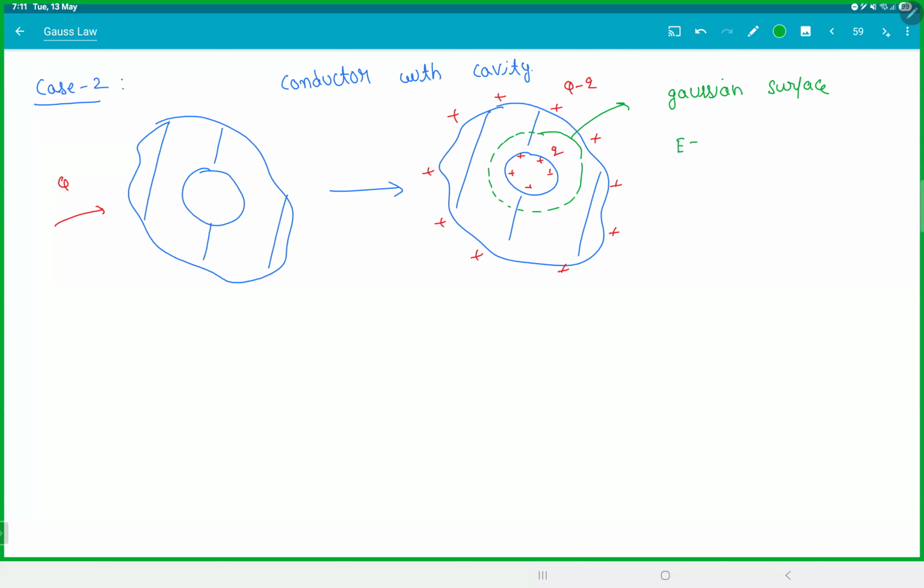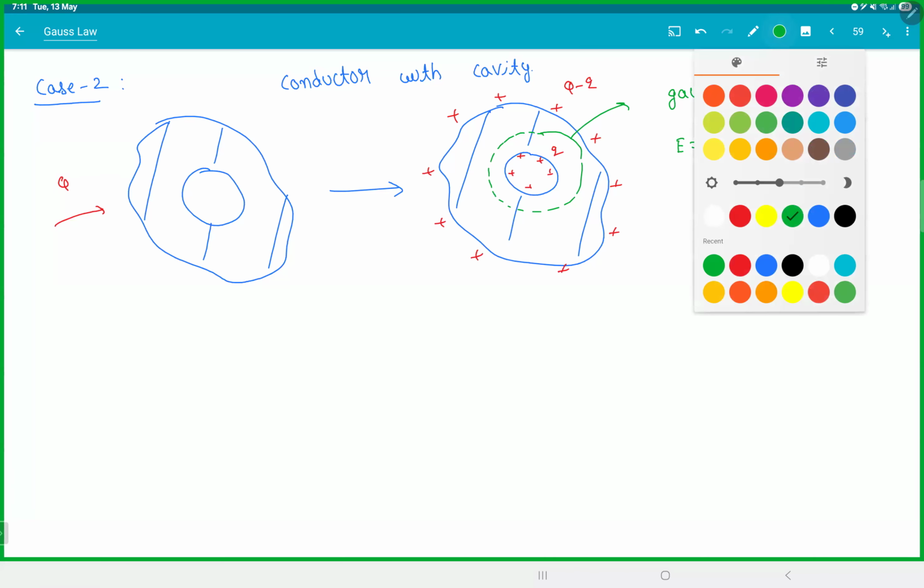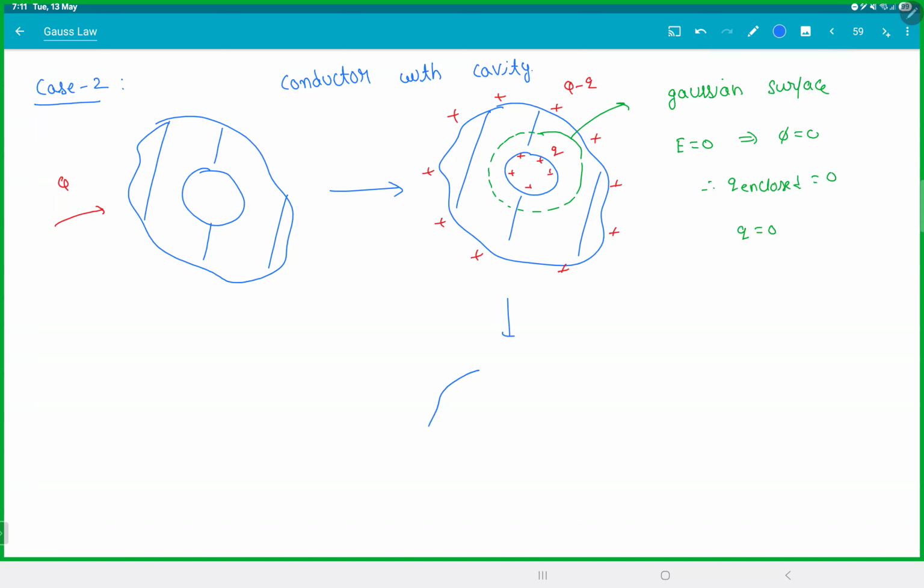Field is zero, implies flux is zero, implies the charge q must be zero. That means if you put a charge Q from outside, the charge will not enter the cavity. The final picture will look like this.